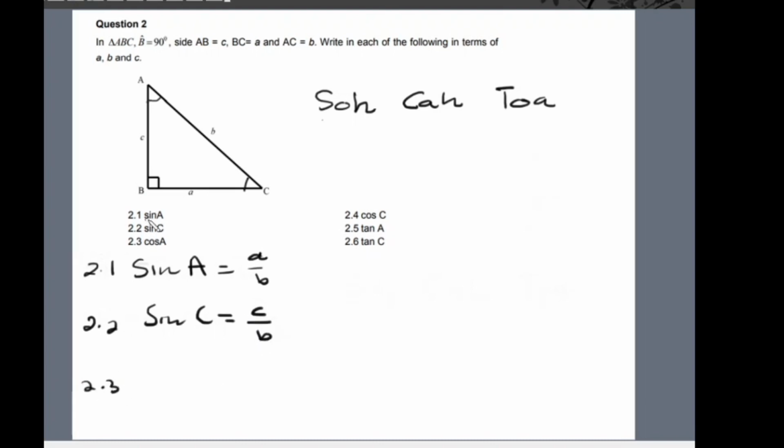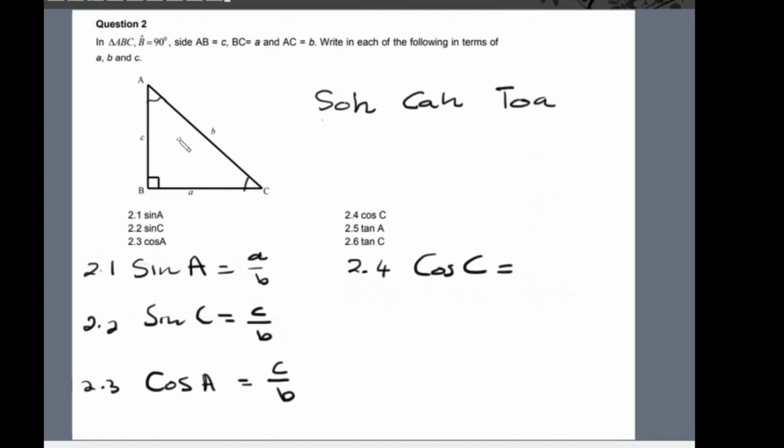And then cos A, cos is adjacent over hypotenuse, cos A, that's C over B, right? And then going to 2.4, what is cos C?